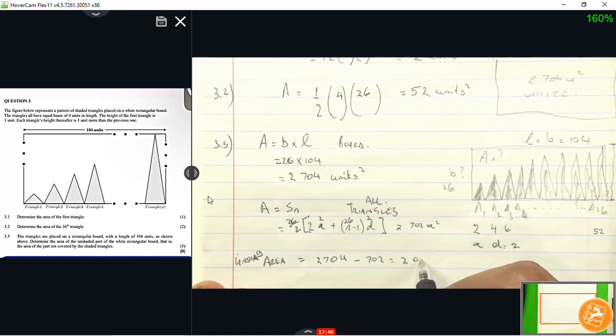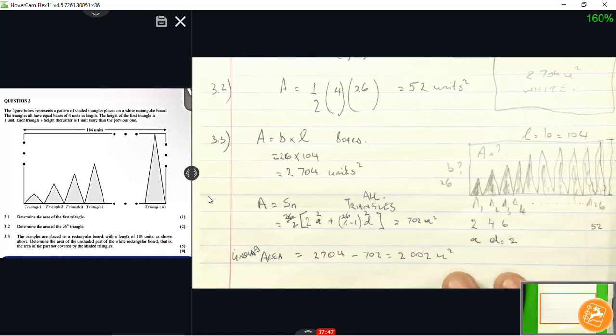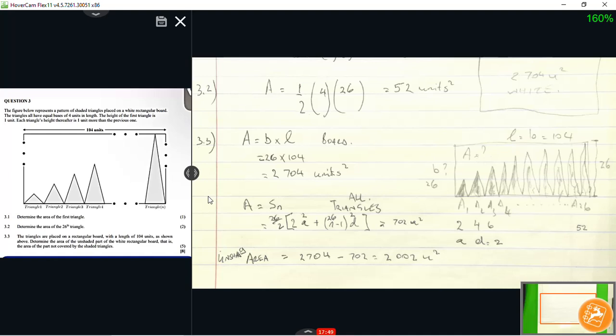Then I have 2002 units squared. Then you have your 8 marks. Rocket science? No. Easy peasy? Yes.